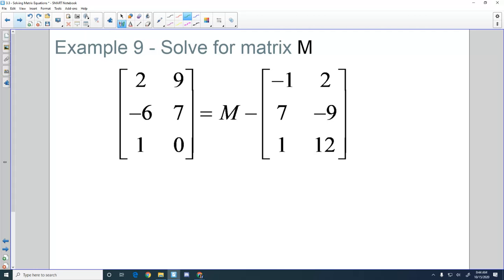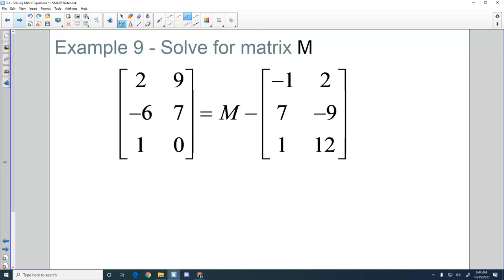What is that matrix M? We want to get the variable by itself. Right now, M is on the right side. Leave it on the right side, but you want to cancel out everything else on the right side by doing those opposite operations.